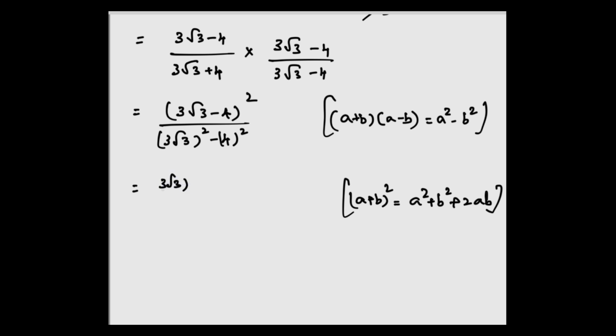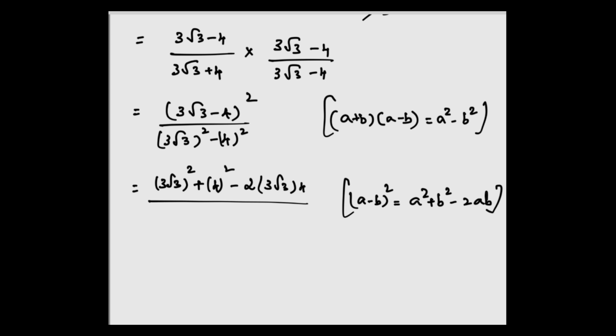Here, (3 root 3) the whole square plus 4 the whole square minus 2 into 3 root 3 into 4. It is (a minus b) the whole square, so the expression changes to (a minus b) the whole square, which is equal to a square plus b square minus 2ab, divided by a square minus b square.